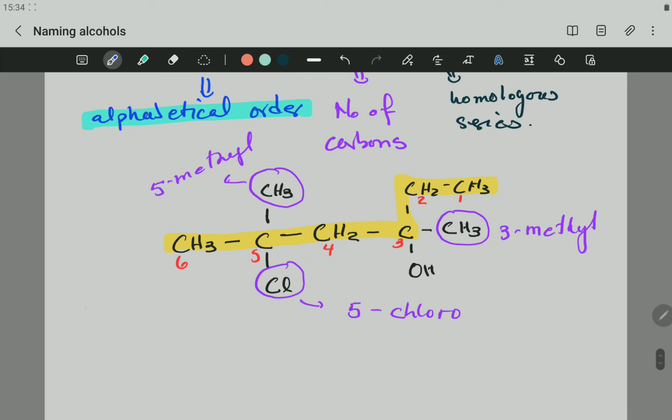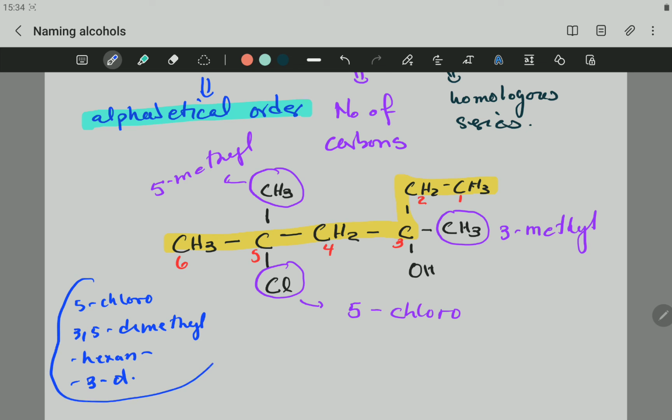Remember, we have a 5-chloro. We have a 3,5-dimethyl. We have hexane, and we have 3-ol. So we have to combine all this in a name.